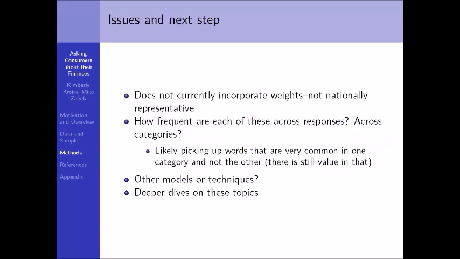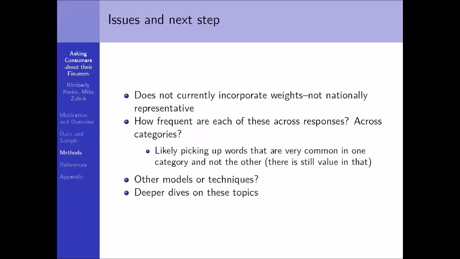And some issues and next steps that we're thinking about on this project. So this doesn't currently incorporate weights, so we can't make any nationally representative claims from this. I think that's okay because people are telling us about their very individualized experiences, what they're experiencing in their lives, and I don't necessarily know how well that might even be representative.